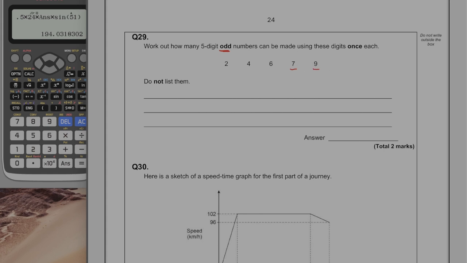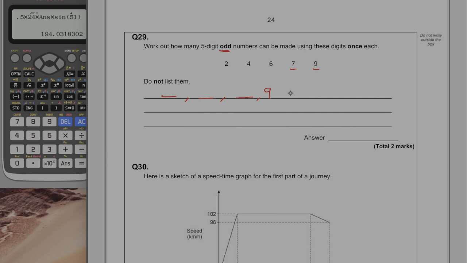So let's just imagine that my number ended with a 9. The number of numbers that can end with a 9: I can have any of these 4 for my first digit, then any of the 3, then any of the 2.